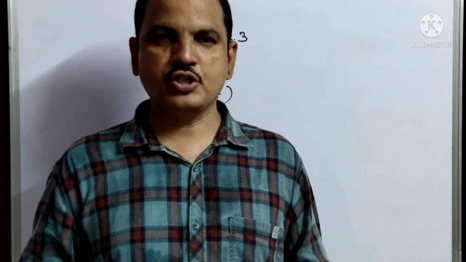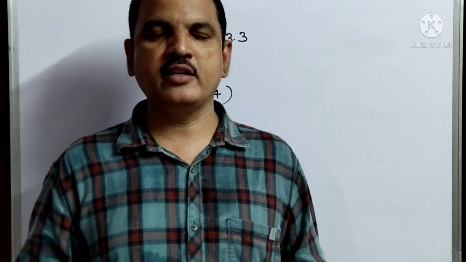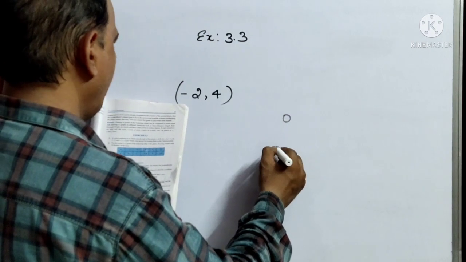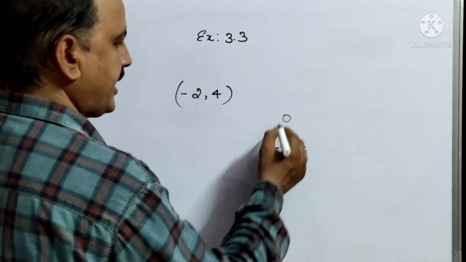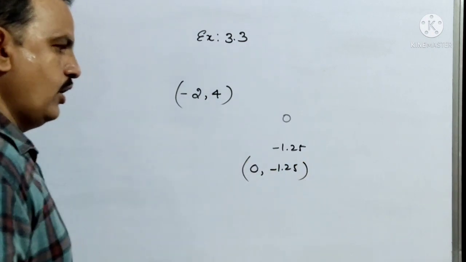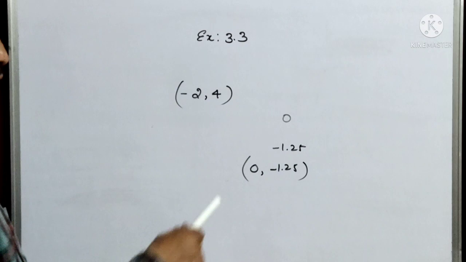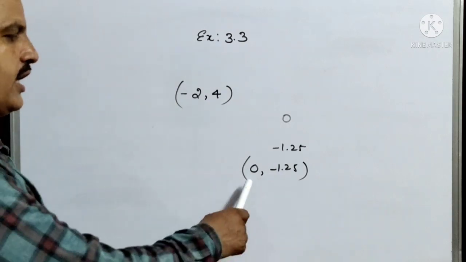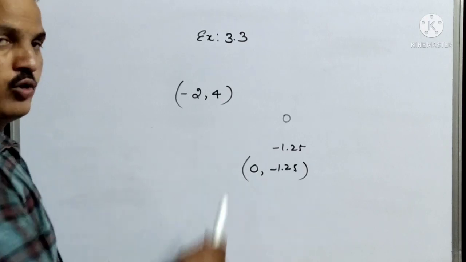And the second question is also the same, plotting the points. X is minus 2, y is 8, so (minus 2, 8) is given. You have to plot the points. But in that you will get one doubt, that is the third one, (0, minus 1.25). That means x is 0, y is minus 1.25. How are we going to plot this point? Where does it lie? x is 0, no, so it lies on the y axis.